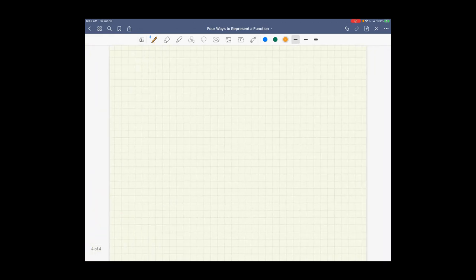So let me write this on the new page. We want the discriminant, which is negative 4 squared minus 4y times 5y minus 8, to be non-negative. Now, if we solve this inequality, what do we get?